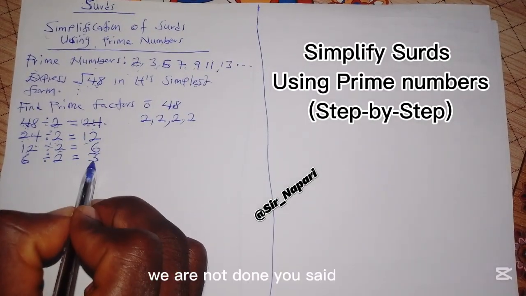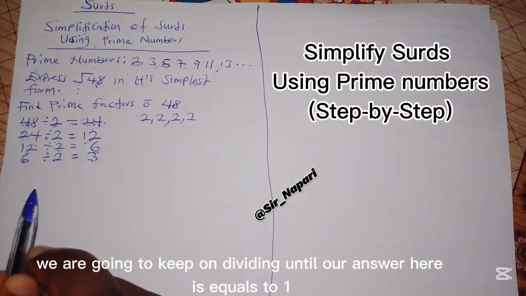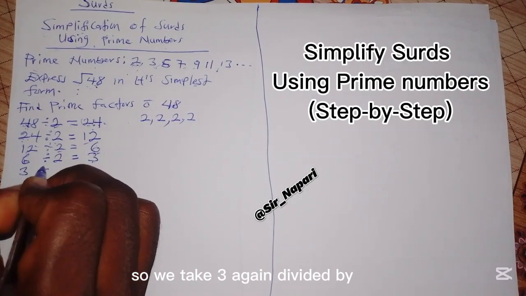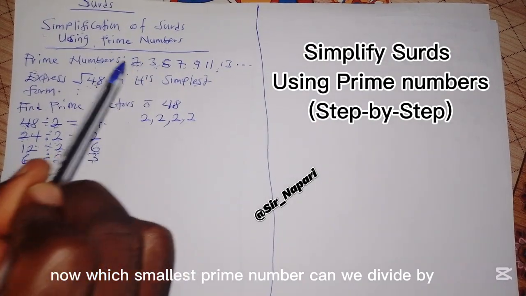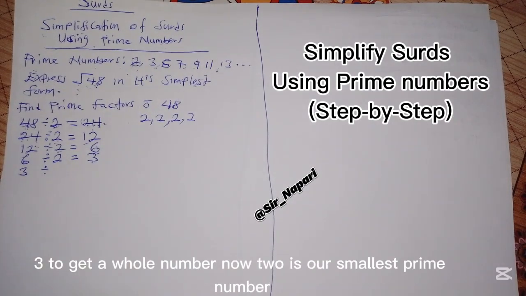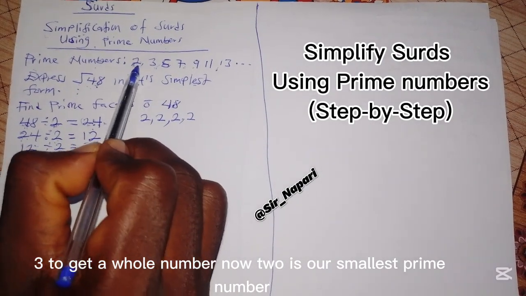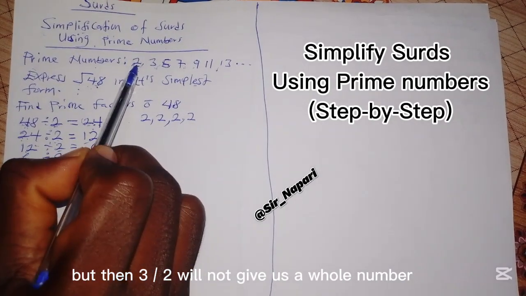We are not done. We said we are going to keep on dividing until our answer is equal to 1. So we take 3 again, divided by, now which smallest prime number can we divide 3 by to get a whole number? Now 2 is our smallest prime number, but 3 divided by 2 will not give us a whole number.